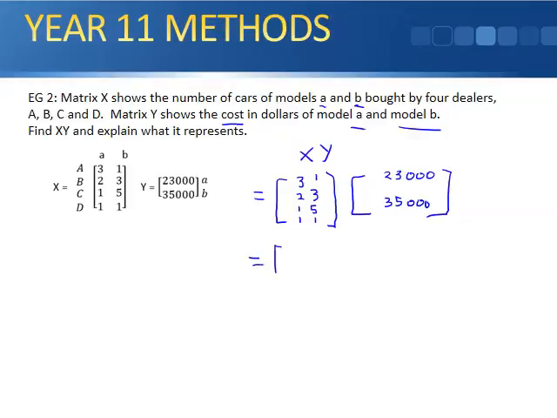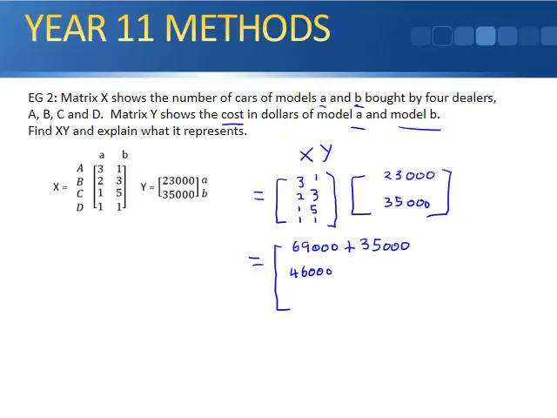23,000 and 35,000. So remember, we're multiplying them. I'm just going to write the answers for these to give myself plenty of room there. 3 times 23 gives me 69,000. Plus 1 times 35 gives me 35,000.